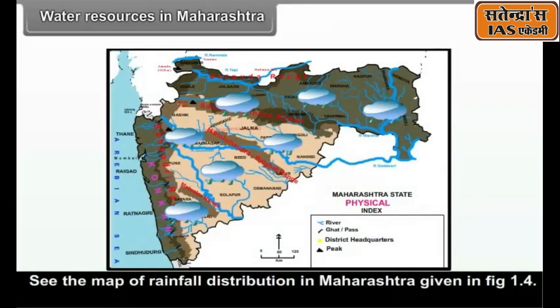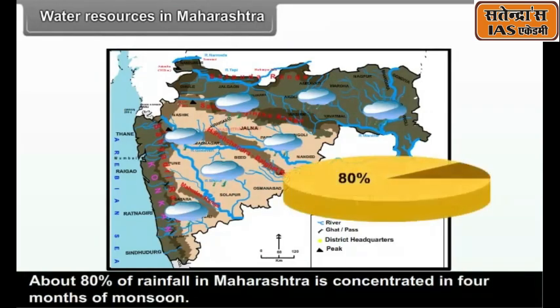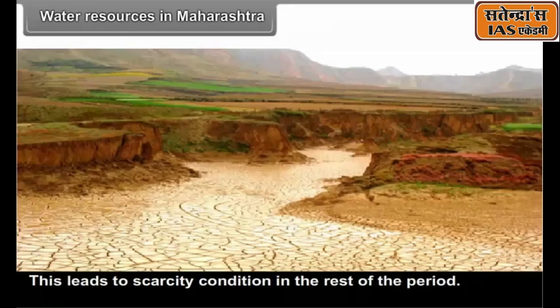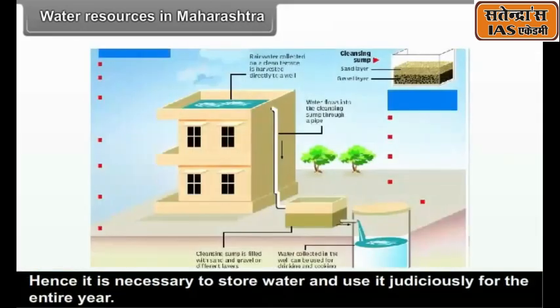See the map of rainfall distribution in Maharashtra given in figure 1.4. About 80% of rainfall in Maharashtra is concentrated in 4 months of monsoon. This leads to scarcity conditions in the rest of the period. Hence it is necessary to store water and use it judiciously for the entire year.